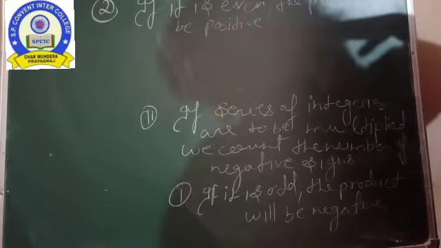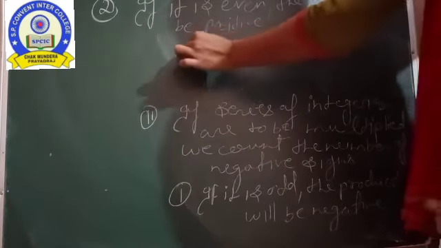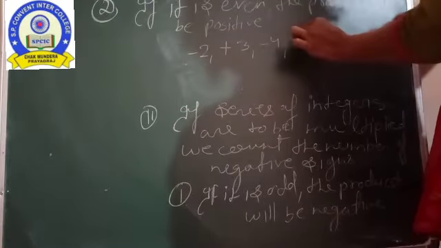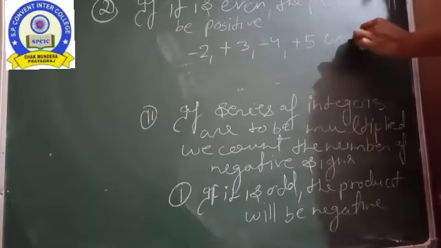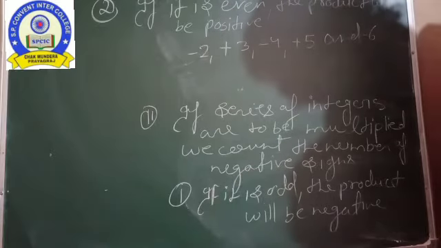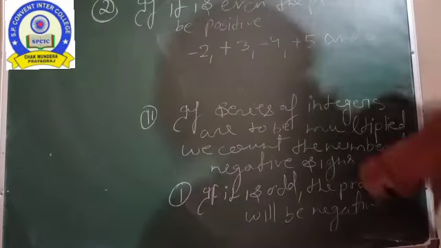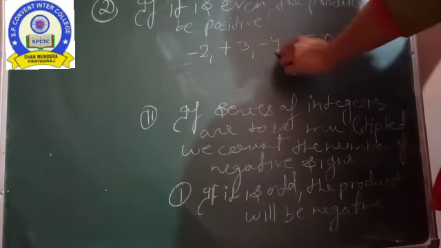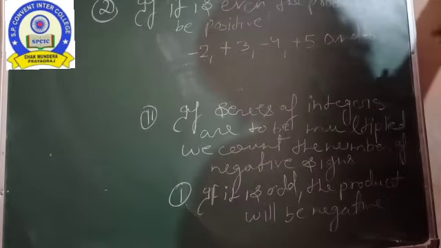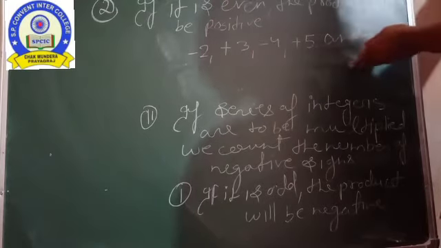For example, -2, 3, -4, 5 and -6. Here the number of negative integers is 3. 3 is odd, so the product will be what?